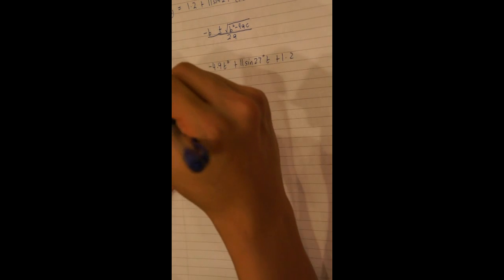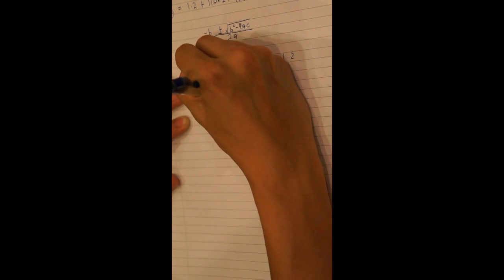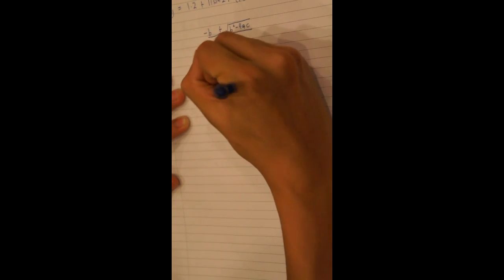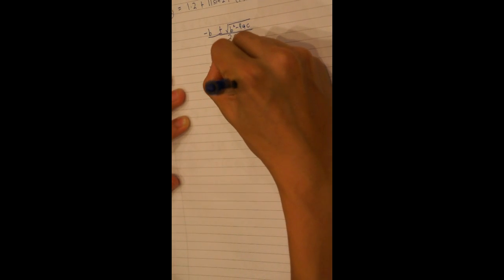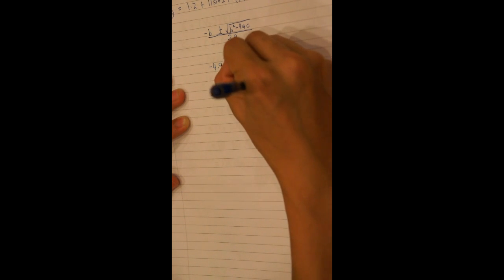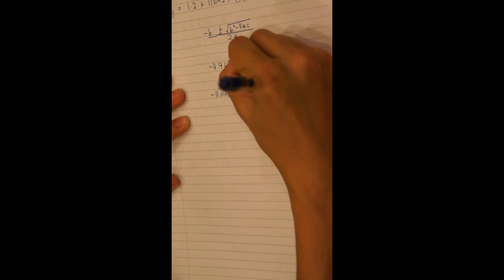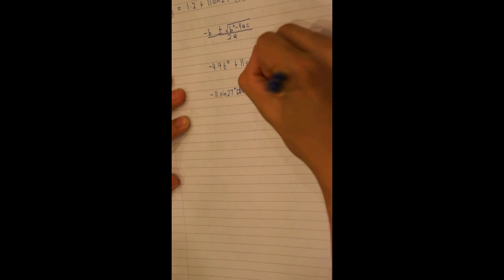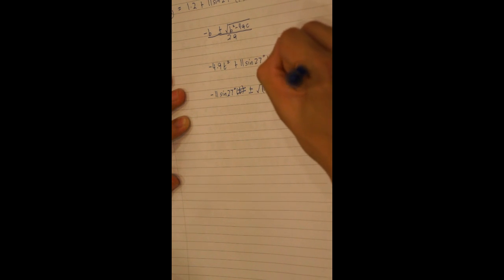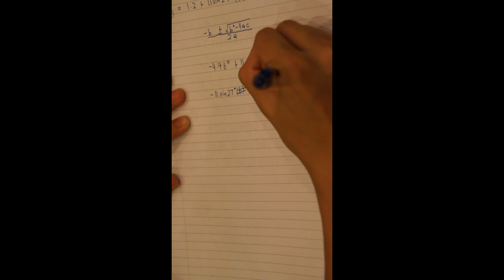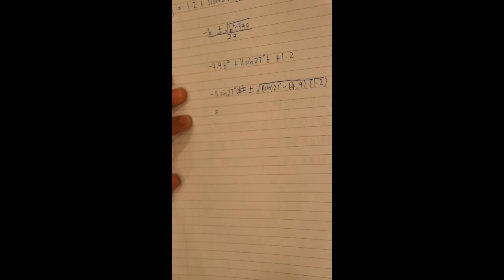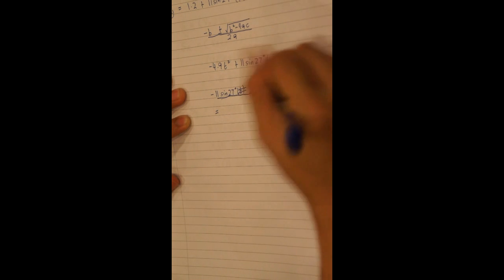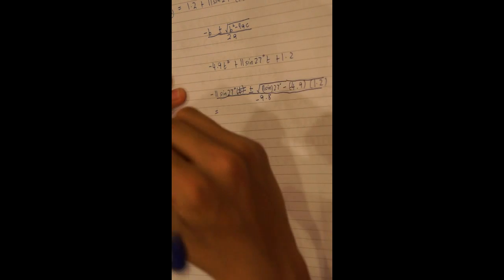So minus b would be negative 11 sine 27 degrees, plus or minus the square root of 11 sine 27 degrees squared. Oh wait, the T does not come into the equation. Minus 4 times negative 4.9, which is a, and 1.2, which is c. Divided by negative 9.8, which is 2a.